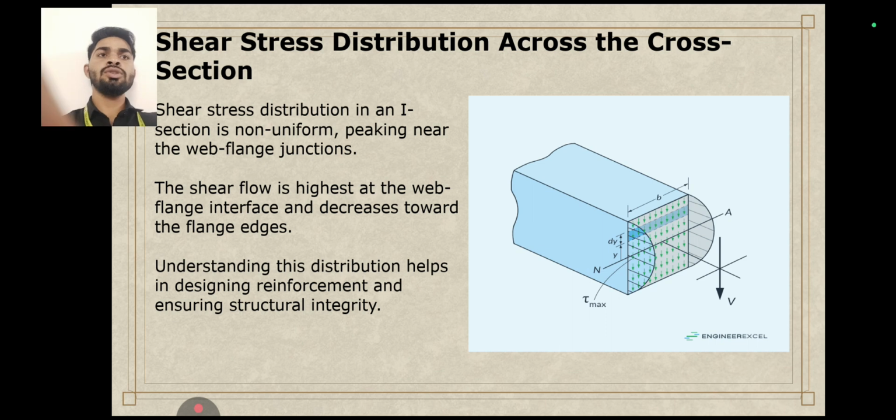Shear stress distribution across the cross section. Shear stress distribution in an I section is non-uniform, peaking near the web-flange junction.